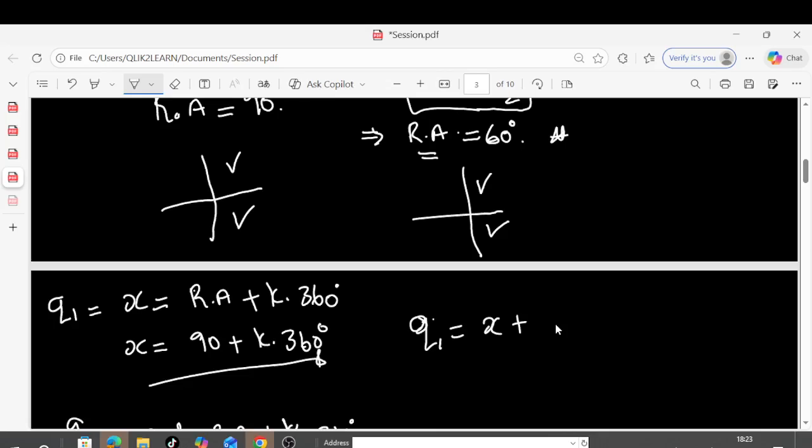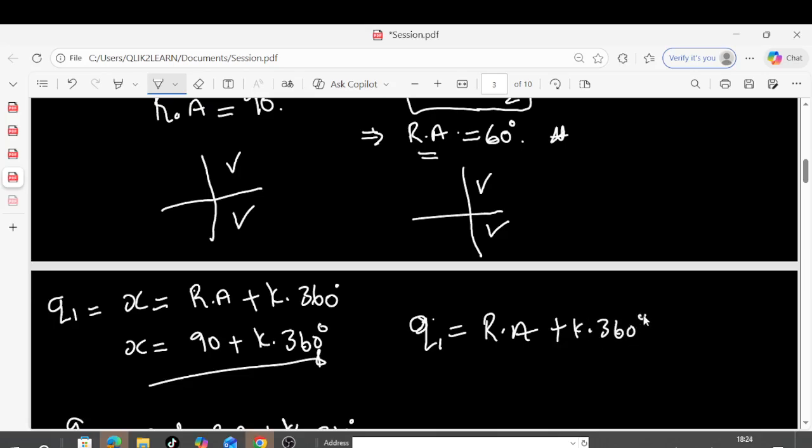We add, so this will be equal to my RA, we add k times 360 degrees. Therefore, this will be 60 plus k times 360. Then we are done solving that problem.